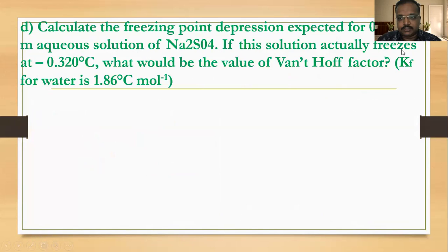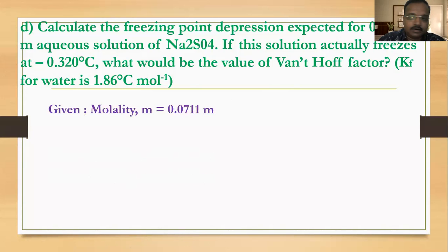If the solution actually freezes at minus 0.320 degrees Celsius, what would be the value of van't Hoff factor if Kf is 1.86 degrees Celsius? What is asked to find out, children? Yes, the i factor, the van't Hoff factor, right?